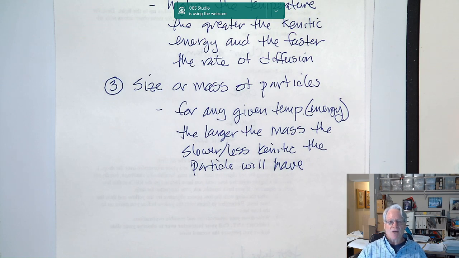So how gases are exchanged in the lung are dependent on a number of factors, some of which we're talking about here. Other factors are also involved. But carbon dioxide, being larger, is moving at a slower rate than oxygen. And that changes the physiology of that particular gas relative to oxygen. Okay, so size or mass of the particles.